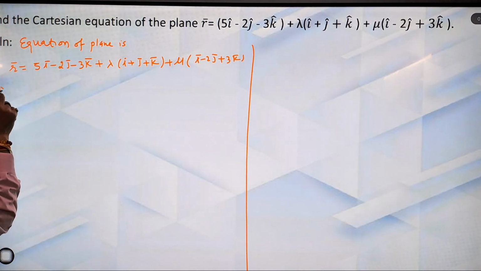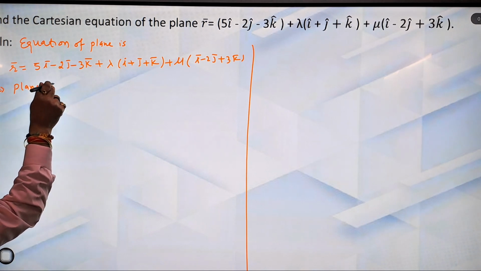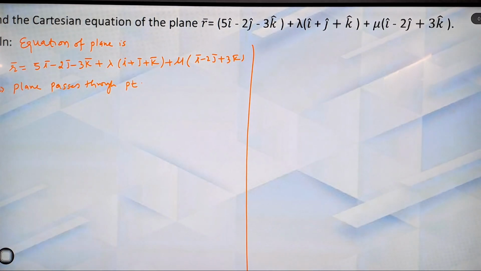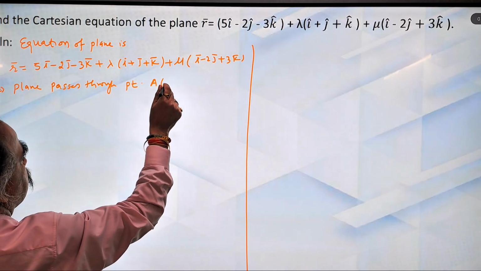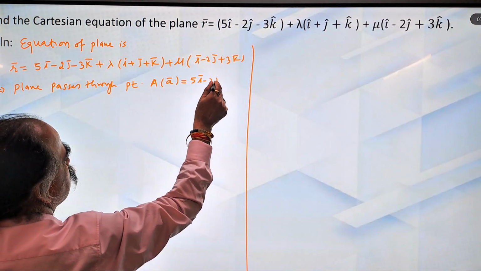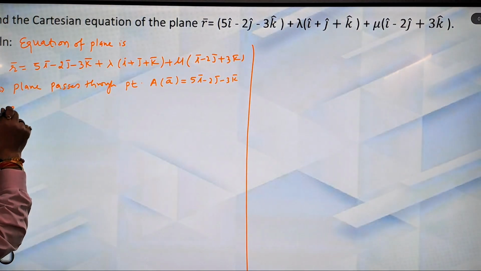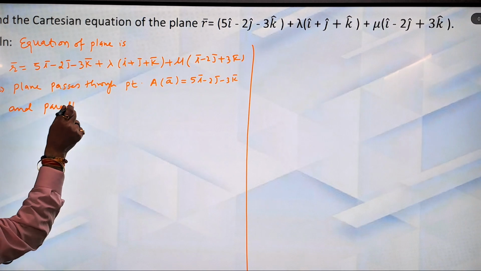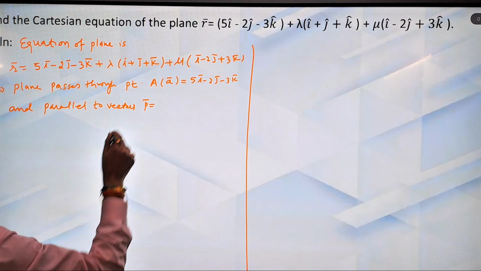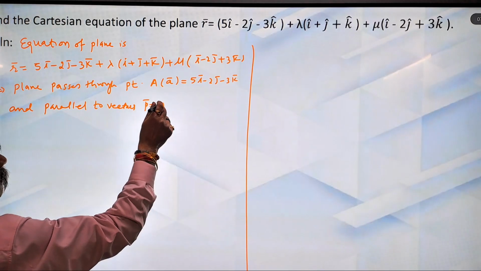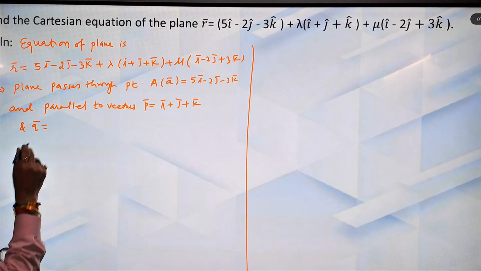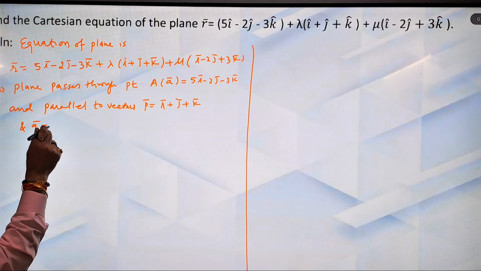This implies the plane passes through point A bar equal to 5i - 2j - 3k and is parallel to vectors P bar equal to i + j + k and Q bar equal to i - 2j + 3k.